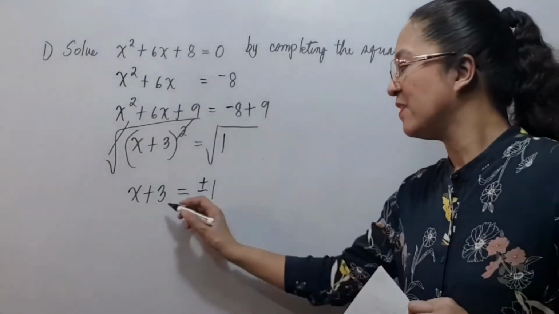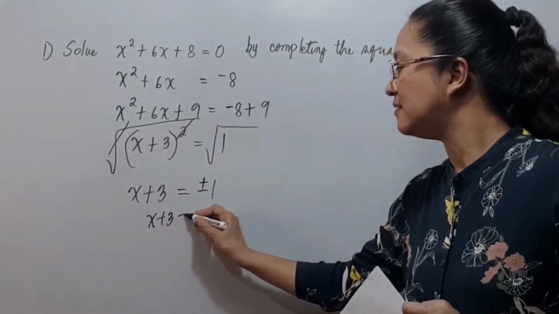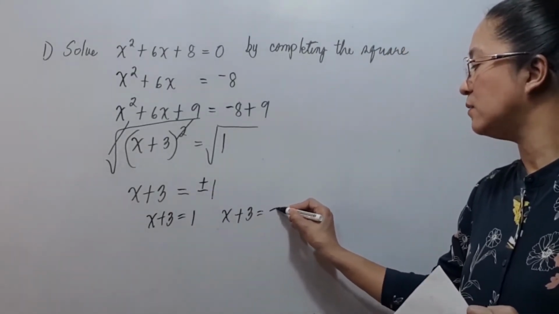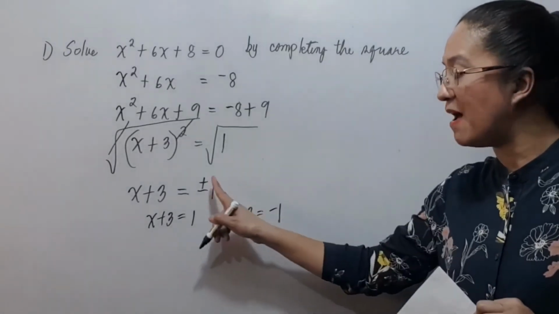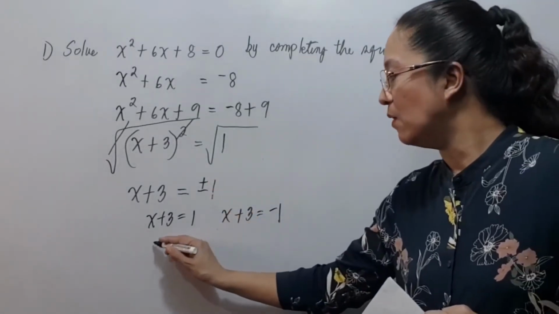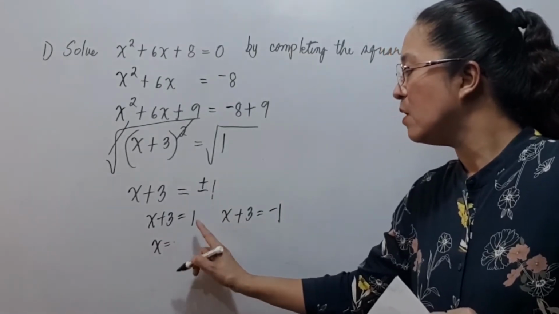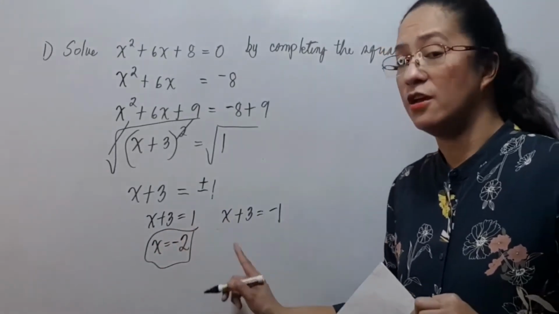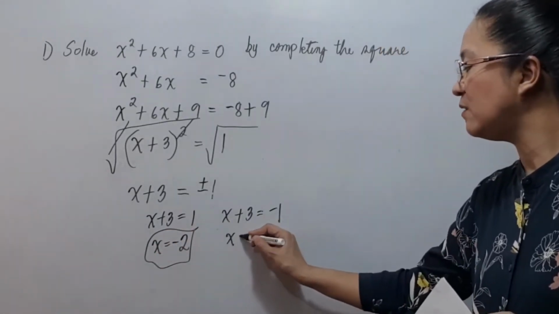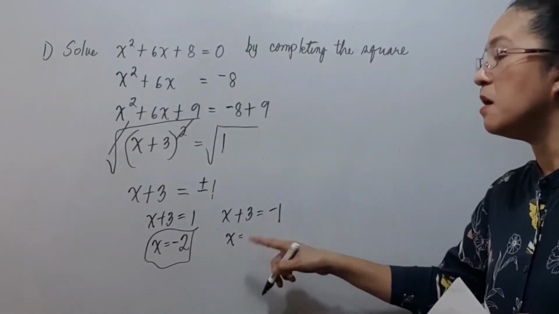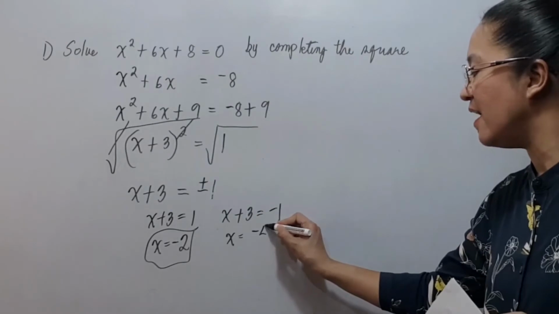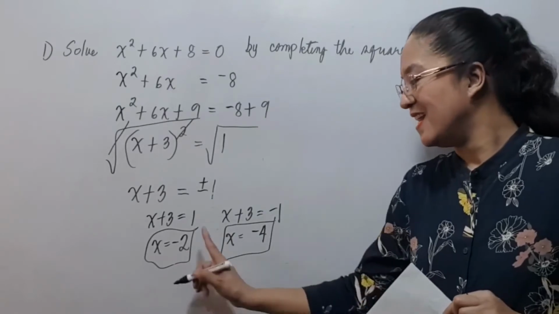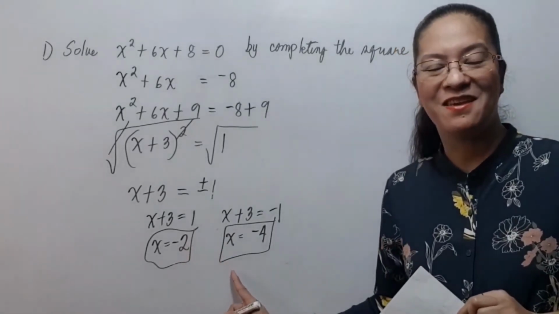So therefore, x plus 3 is equal to positive 1 at saka x plus 3 is equal to negative 1. Kasi nga, positive negative 1, di ba? So, x is equal to 1 minus 3. That is negative 2. Another, we have x is equal to negative 1 minus 3 is negative 4. So these are the solutions. Negative 2 and negative 4.